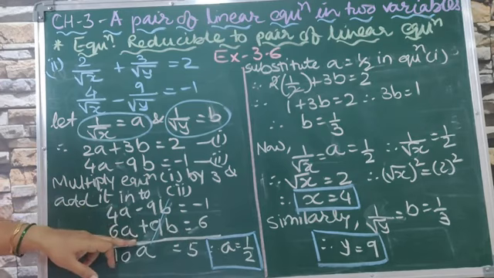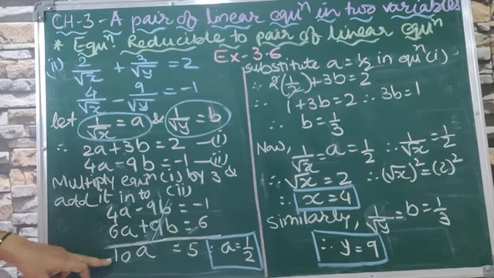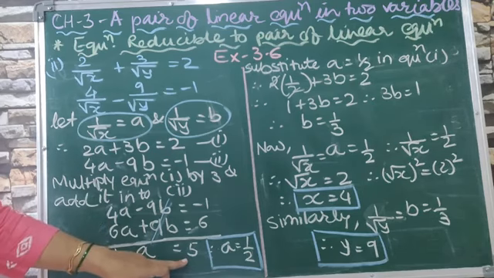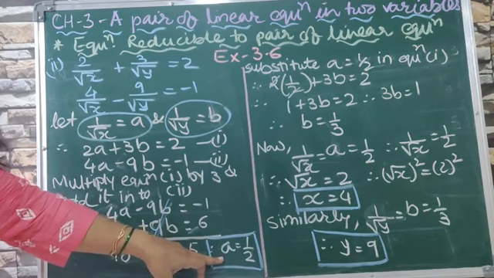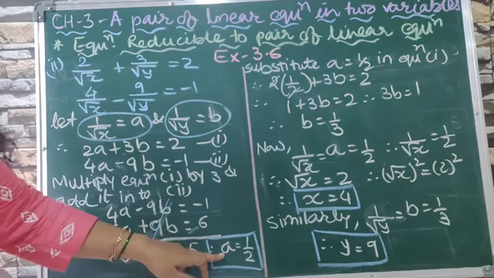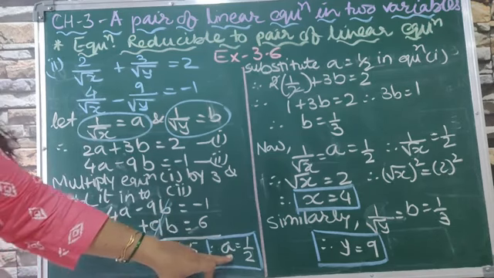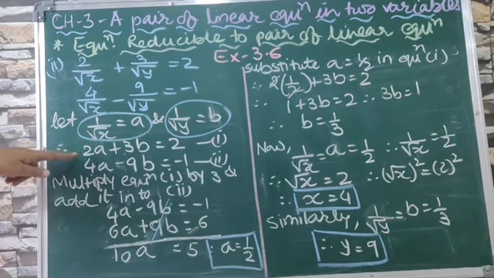Now minus 9b and plus 9b cancel out, and finally I got 10a is equal to 5, and therefore a is equal to 1 by 2. Now to get the value of b, what should I do next? Substitute a is equal to 1 by 2 in either equation 1 or 2.